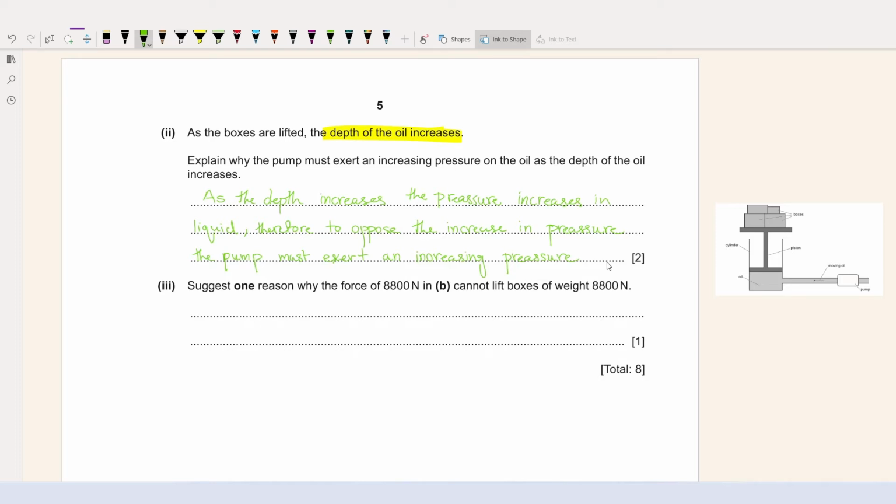Well, the easiest answer for this is the upward force balances the downward force, therefore there will be no motion.